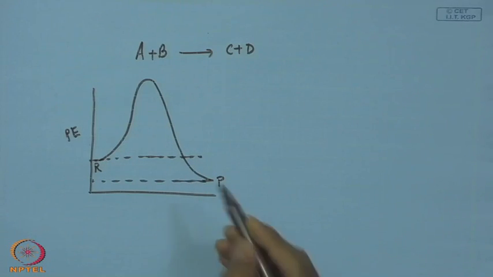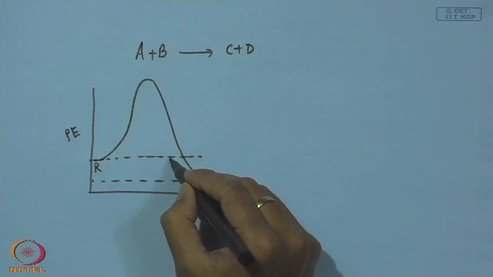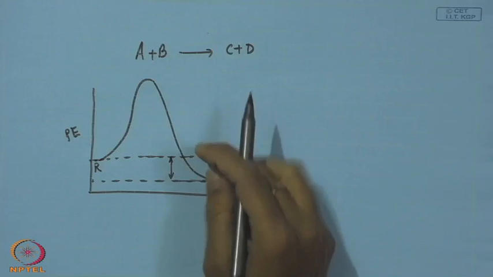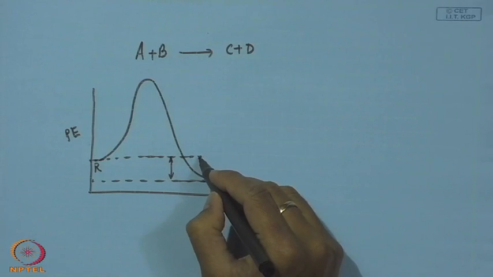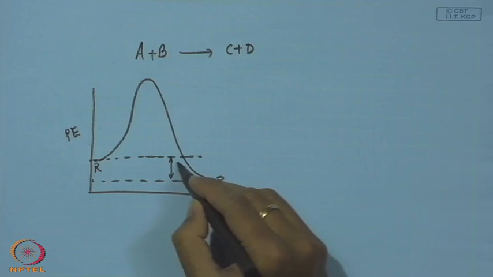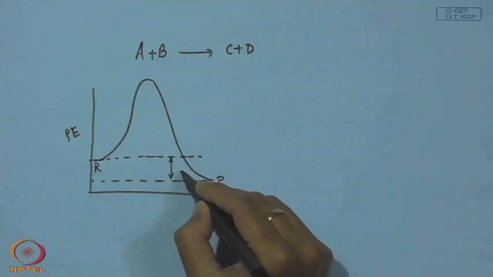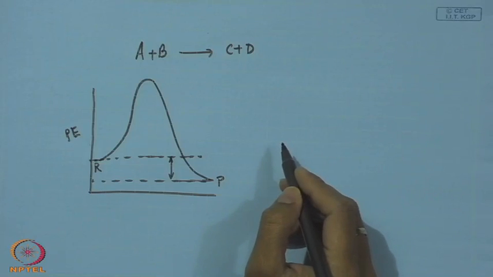You see that the product is lower in energy, that is why it is an exothermic process. So, it is giving out this excess amount of energy. You started with a high energy system and you are ending up with a low energy one, and because of this gap it is giving you this heat.